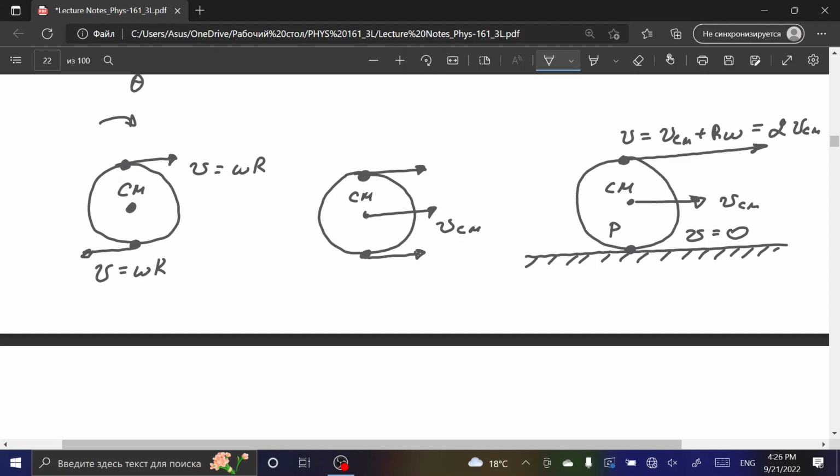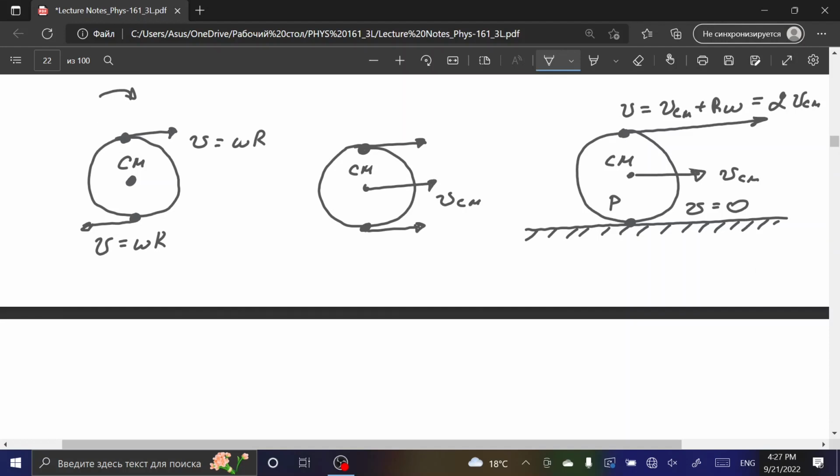So we can substitute the combination of translational and rotational motion about an axis which goes through the center of mass with just rotational motion about an axis which goes through the point P. So now, what if we want to determine the kinetic energy of this rolling rigid object?